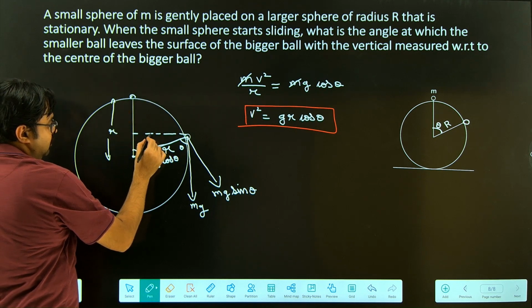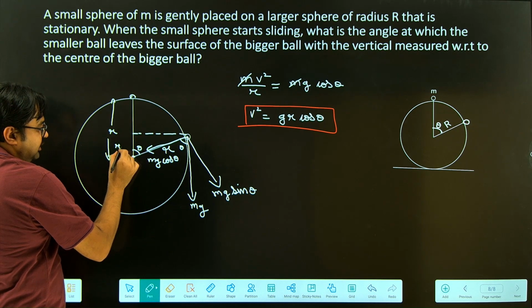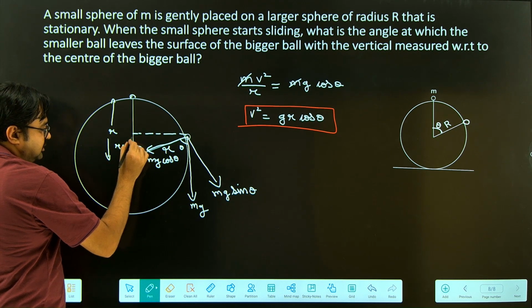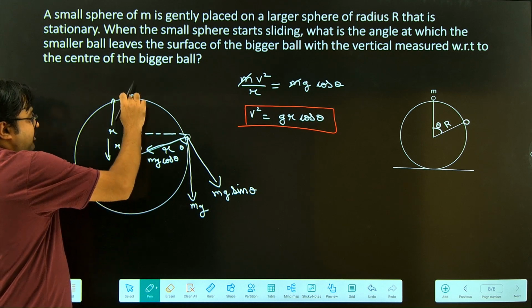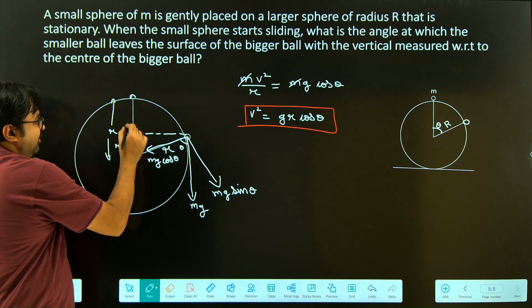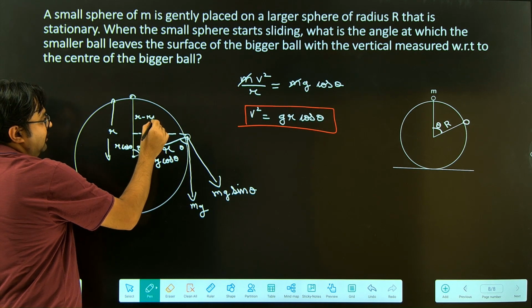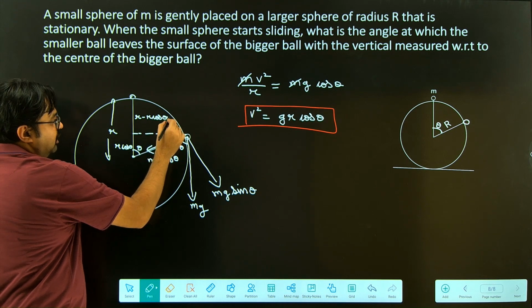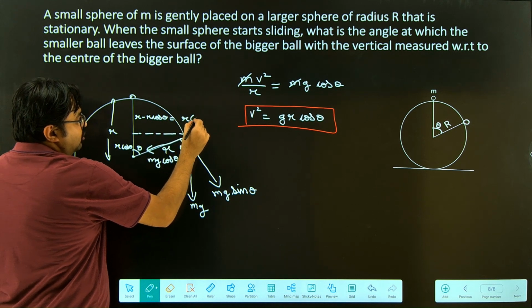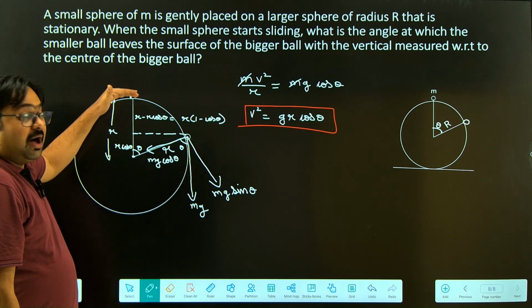Watch. If this is r, this is the adjacent side, and that's r cos theta. If this is r and this is r cos theta, the length here must be r minus r cos theta, which can be written as r into 1 minus cos theta. That's the height that the bob has lost.